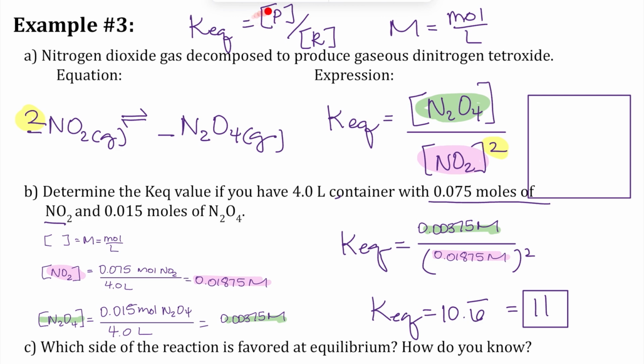My products are going to be favored, so that means that I'm going to have more of that N2O4, and then I'm going to have less of that NO2, but I do have 2 moles of that NO2. So showing we have, that's going to be taking up more space. You could also kind of separate that out, and instead of saying the chemicals, we could say our products and reactants, just to show which one is favored, meaning there is going to be a higher concentration of that at equilibrium. Reach out to your teacher with any questions.